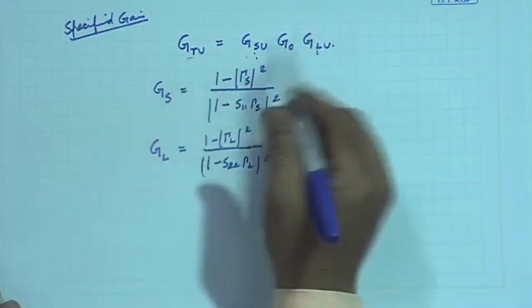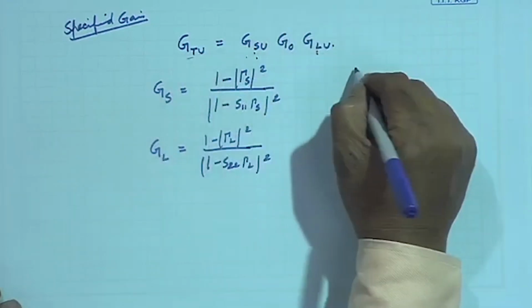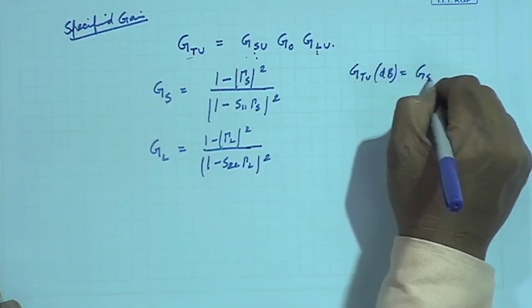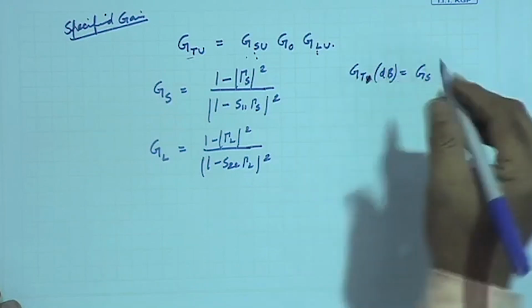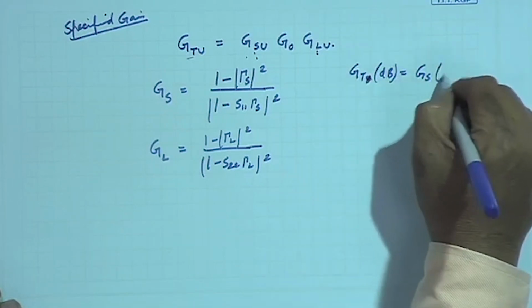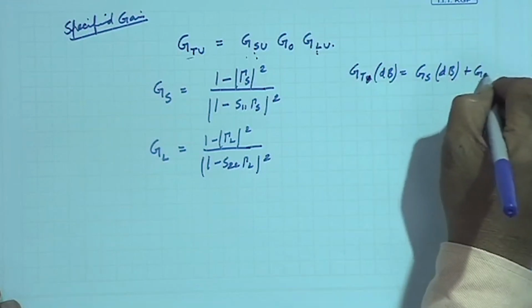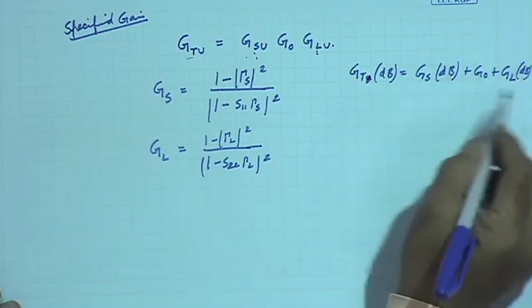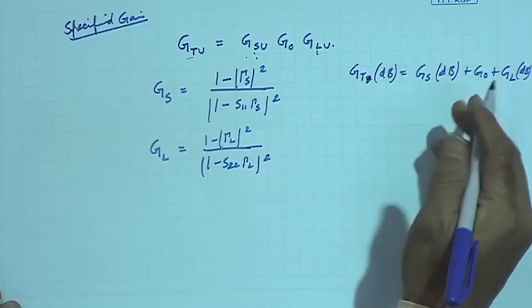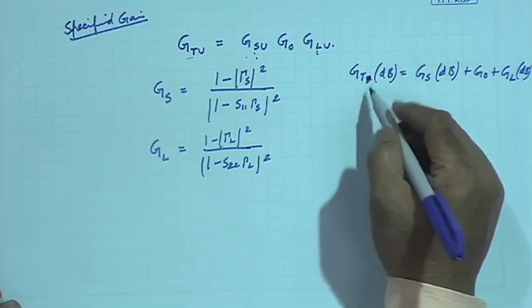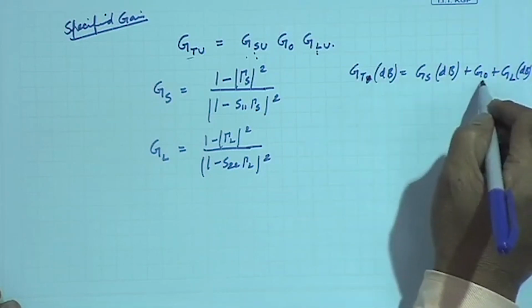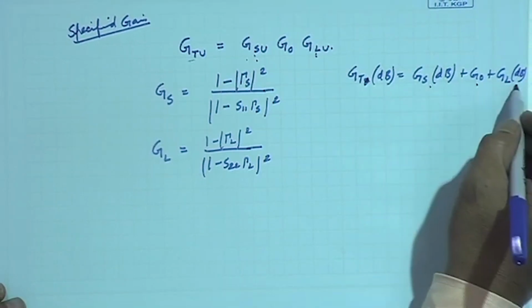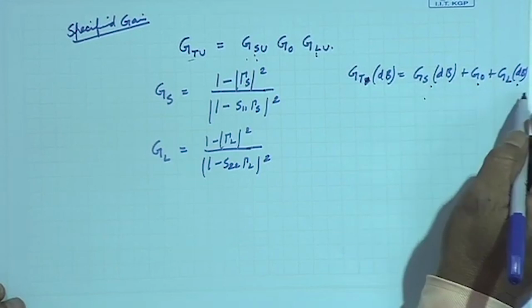In the dB scale, GTU in dB is GS dB plus G naught dB plus GL dB. Suppose 11 dB is required and G naught is 8 dB. So, 3 dB remains, and it is up to me to distribute it: either 2 dB here and 1 dB here, or 1 dB here and 2 dB here.